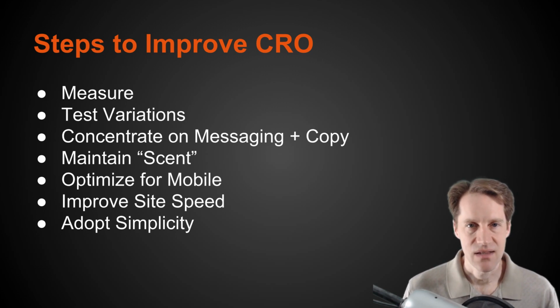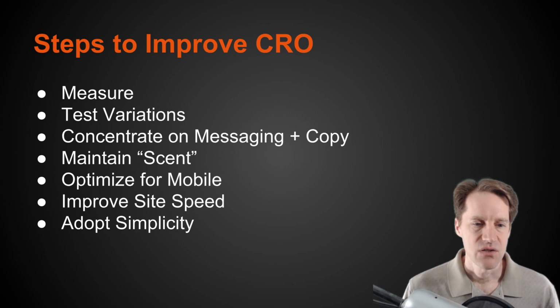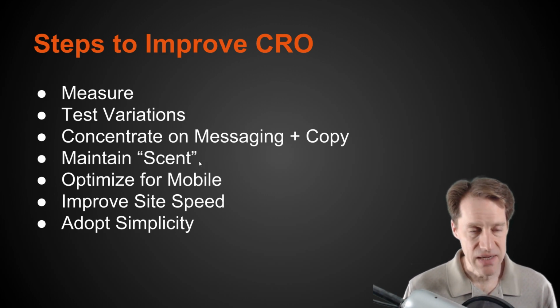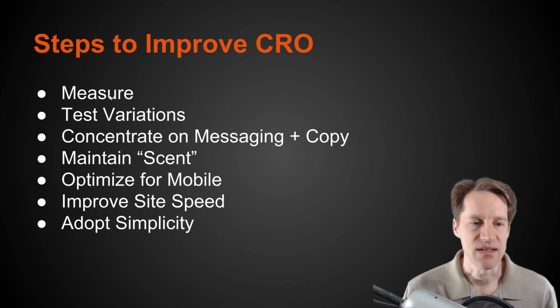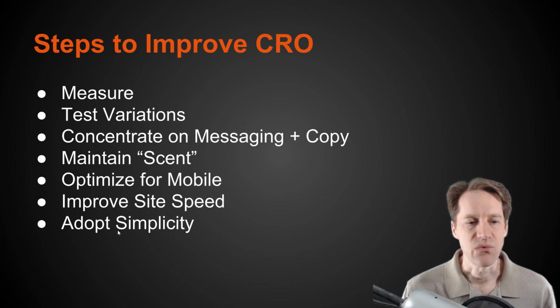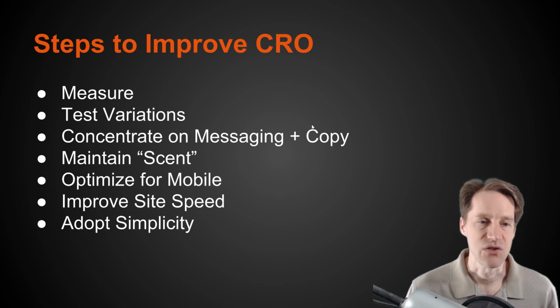So minimizing the number of steps, minimizing the number of fields on a form, just making it as simple and easy as possible should increase your conversion rate. But again, going back up to you need to be measuring these things, and this applies for everything in testing variations. When you make these simplicity changes, hopefully you will see improvements in your conversion rate.